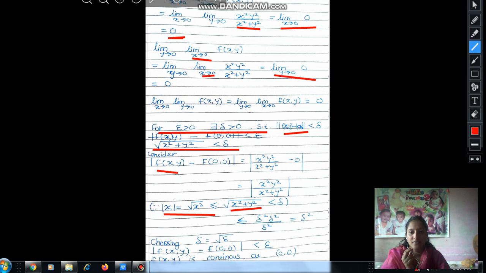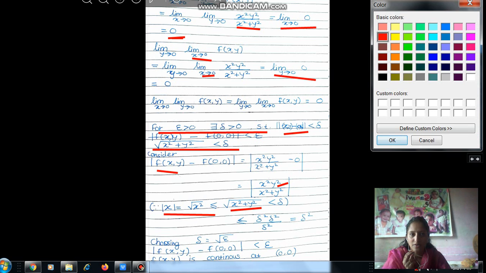Means mod x is less than delta, means x square is less than delta square. Similarly, y square is also less than delta square, and x square y square is less than delta. So delta square into delta square upon delta square, so only delta square remains.